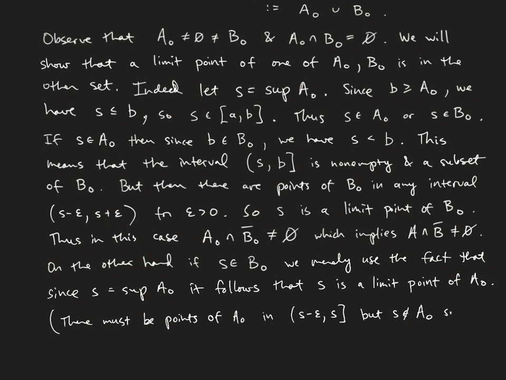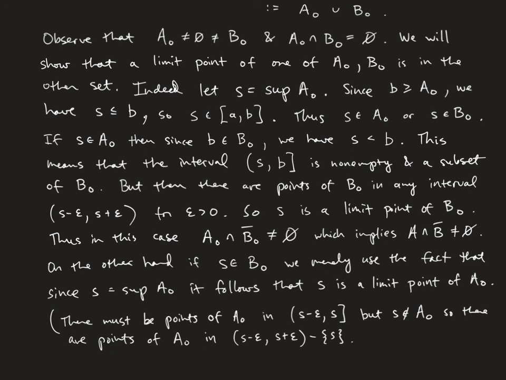So there are points of A naught in S minus epsilon, S plus epsilon, minus the point S. To be a limit point, you have to be in the punctured ball around that point.